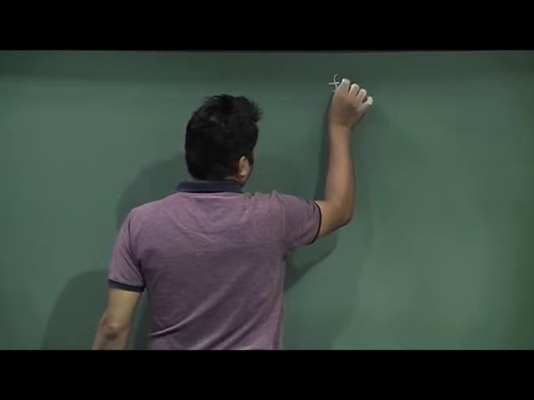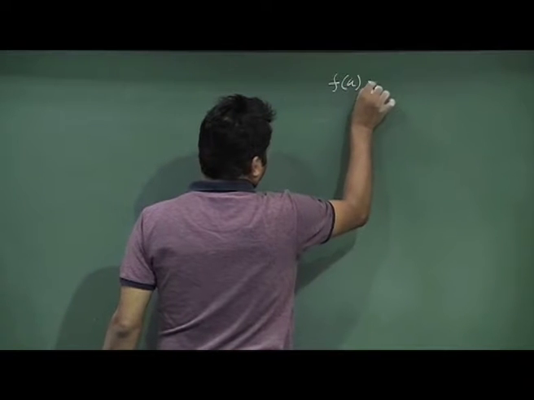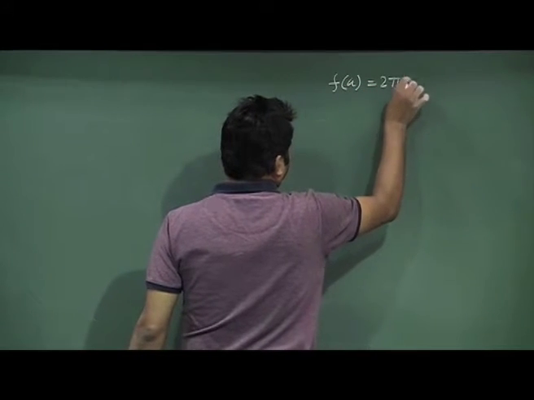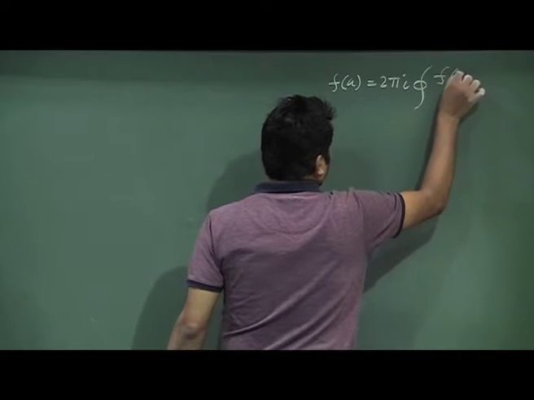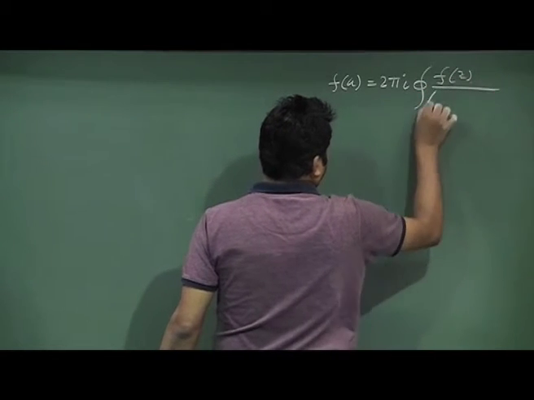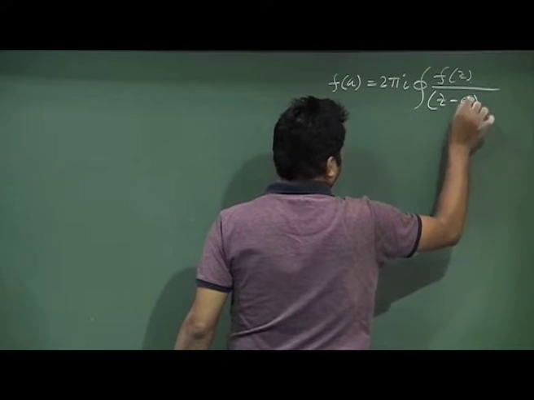So, f of a is 1 by 2 pi I, total integration f z over z minus a, dz.